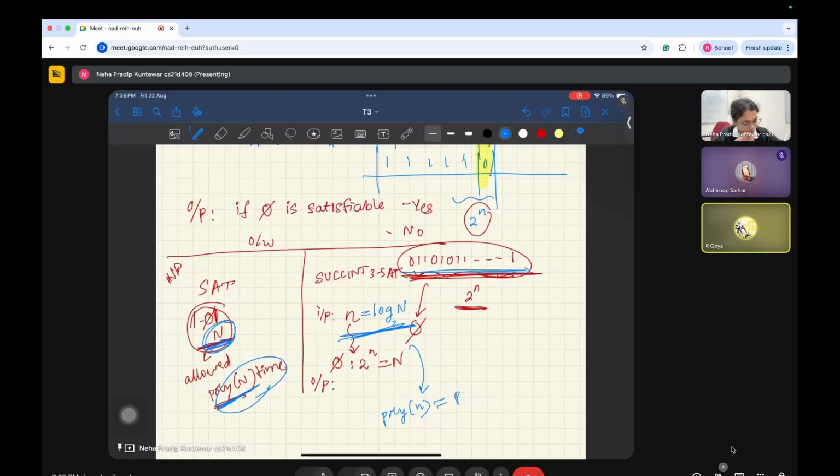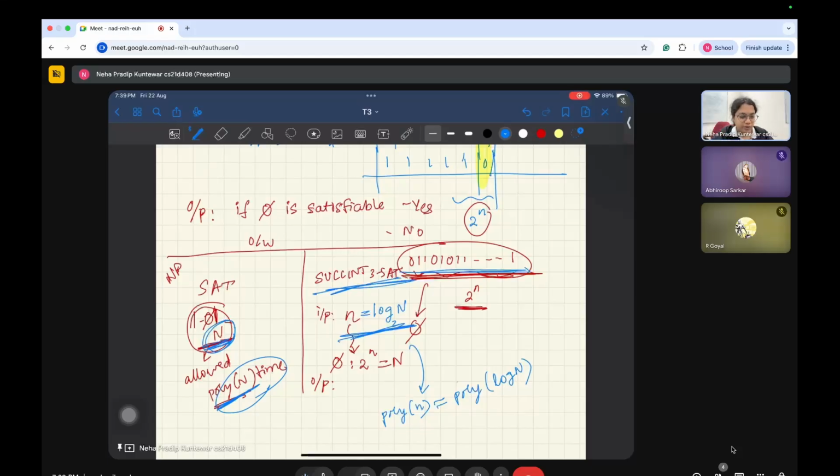For that you would require a more powerful non-deterministic Turing machine to finish everything in log n time. So this is intuitively the reason why you would expect succinct 3 SAT to be harder. We didn't prove it yet, we just saw an intuitive reason.